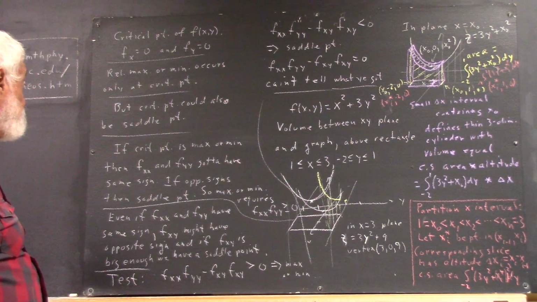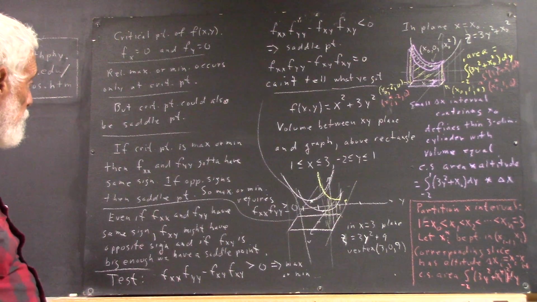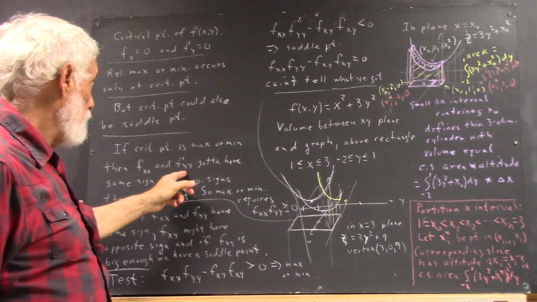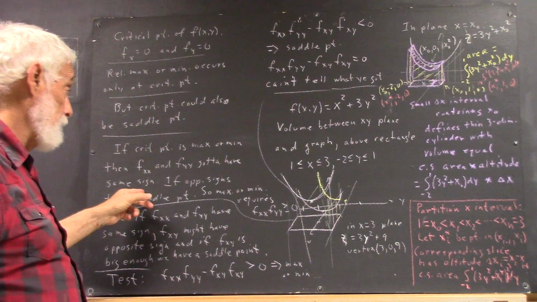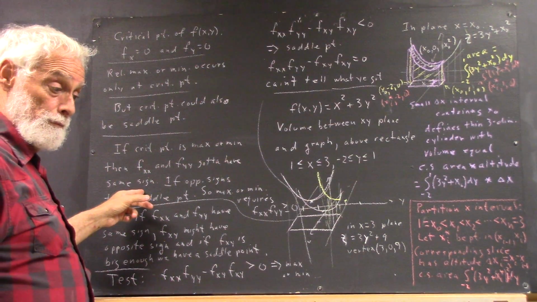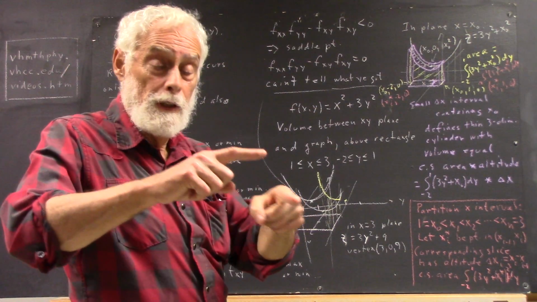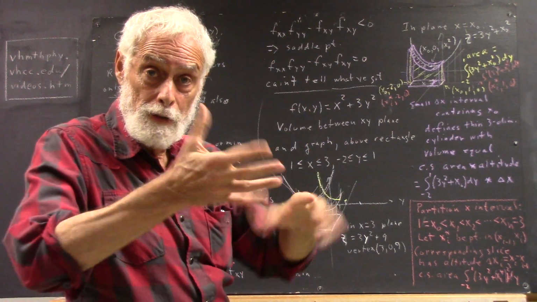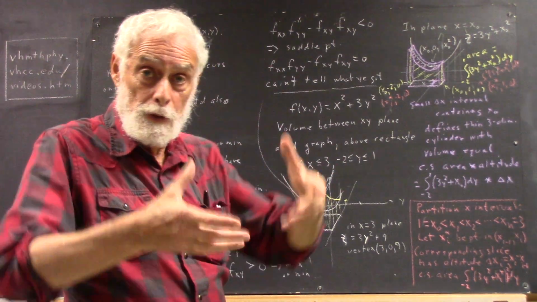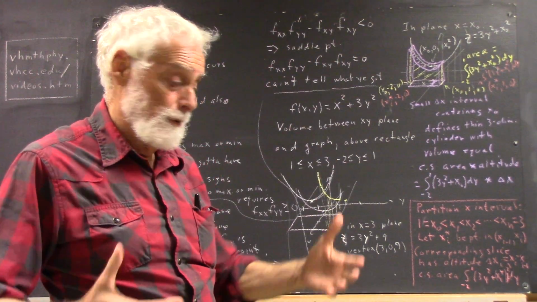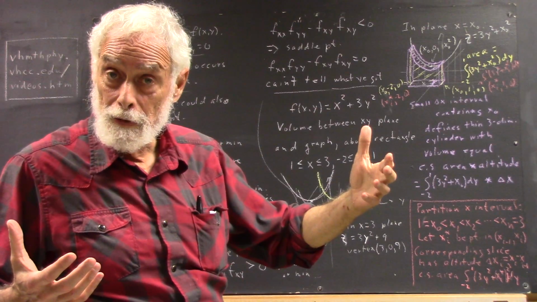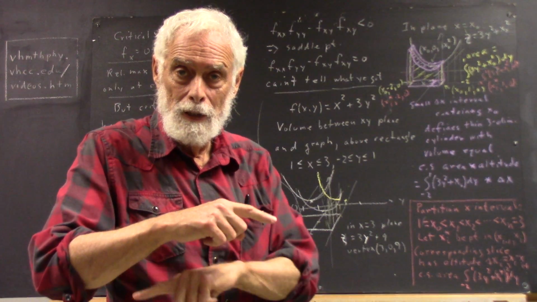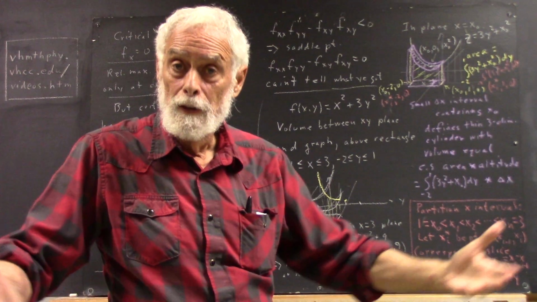Okay, well, now, if the critical point is a max or a min, it turns out that f_xx and f_yy have got to have the same sign. And that's, again, either it's like this and this in the two planes, in which case both second partial derivatives would be positive, or it's like this and like this, negative partials.